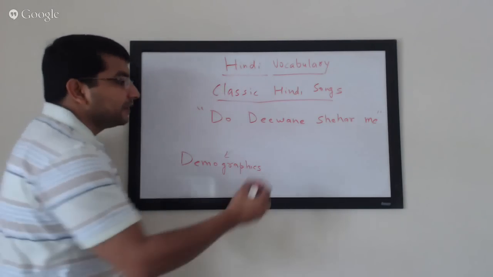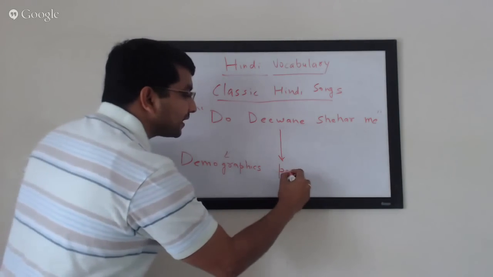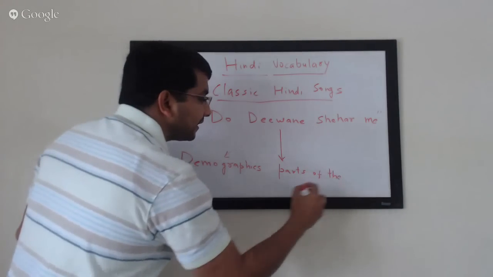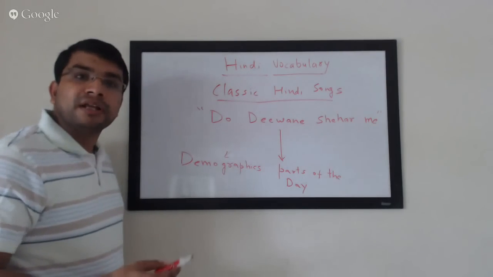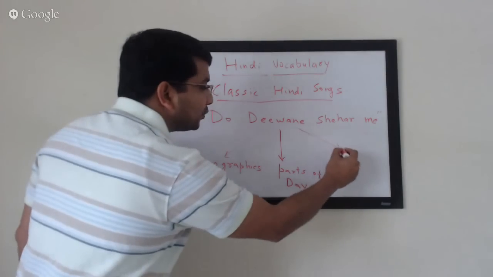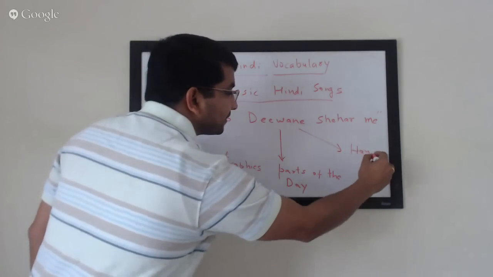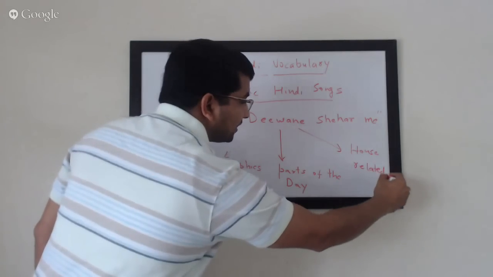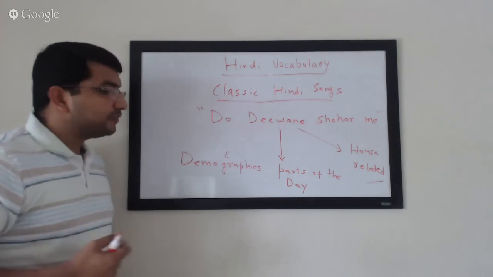You will also learn vocabulary related with parts of the day, basically morning, afternoon, evening, night. And the third category is house related items. Like in this song, you'll see a lot of keywords which are house related, such as khidki, ghar. So we'll be covering that.